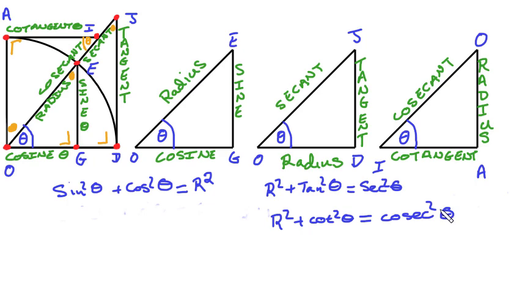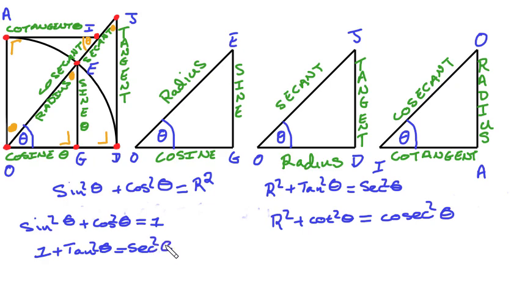Now, because all of these relations are true for a circle of any radius whatsoever, if we set the radius equal to 1, then we get sine squared theta plus cosine squared theta is equal to 1. This relationship gives us 1 plus tan squared theta is equal to sec squared theta, and this relationship gives us 1 plus cot squared theta is equal to cosec squared theta.